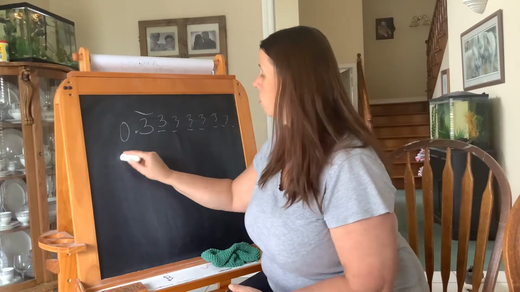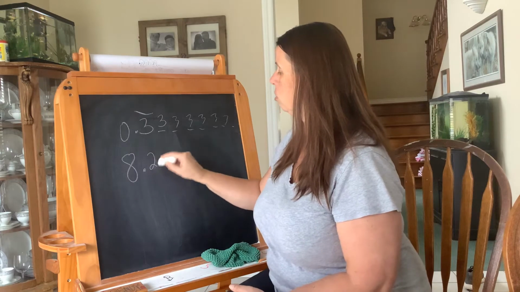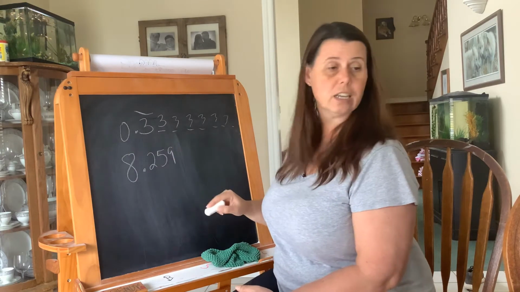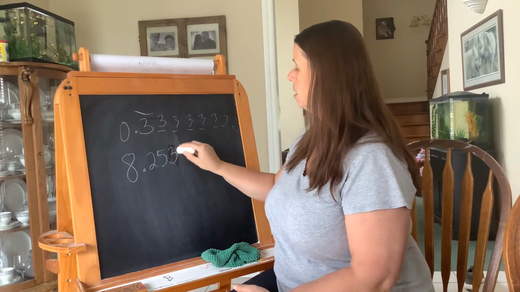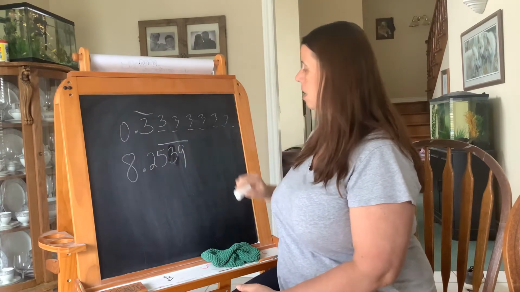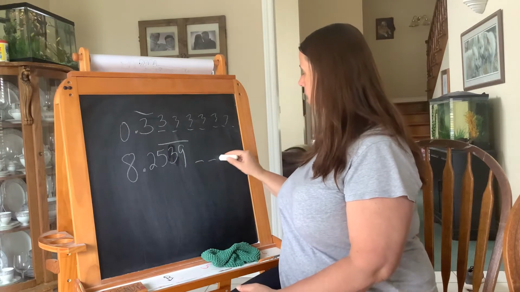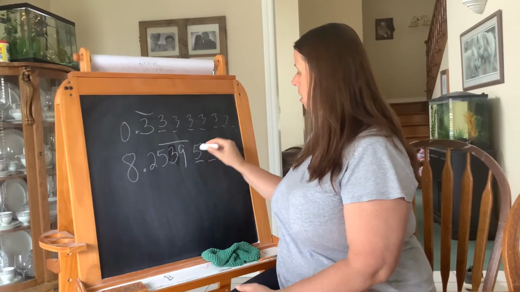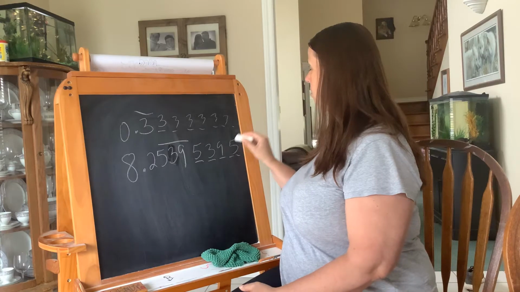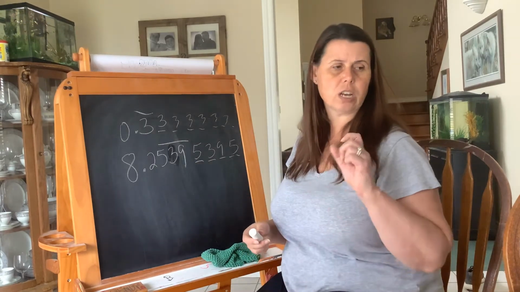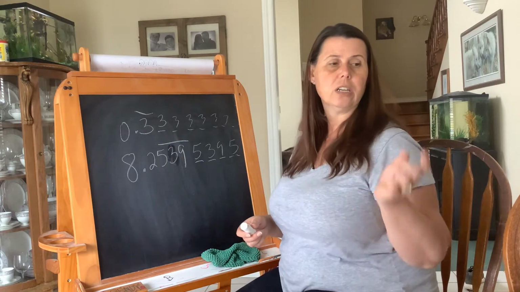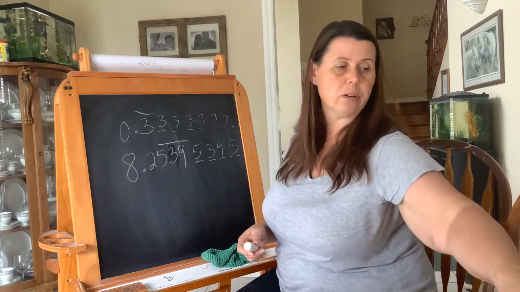Now, one of the later ones is 8.259 and 539 repeats. So in the blanks, you're going to write 539, 5, and keep going. But remember, you have to pick it up where they stopped. I don't think there's anything tricky there, but okay? Go pause the video, do number 1.